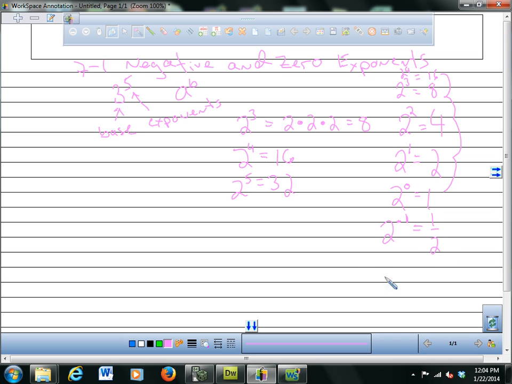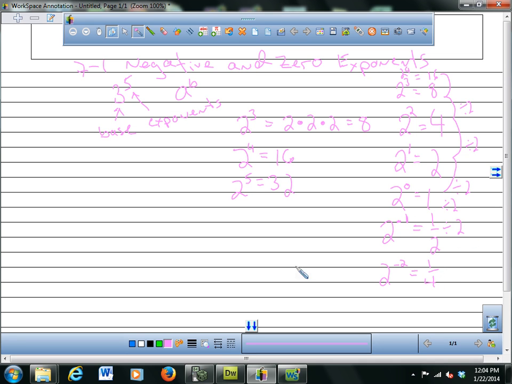What would 2 to the negative 2 power be? 1/4, very good. 1/4, because to get from here to here, I'm dividing by 2 each time. Dividing 1/2 by 2 is the same as multiplying by 1/2. So if I divide that by 2, I get 1/4.